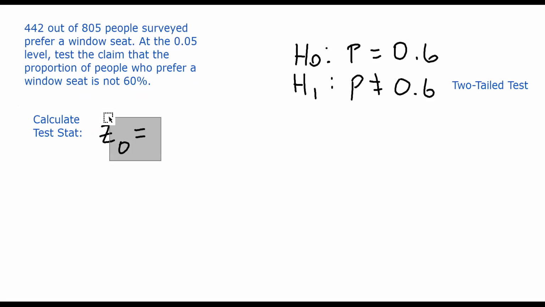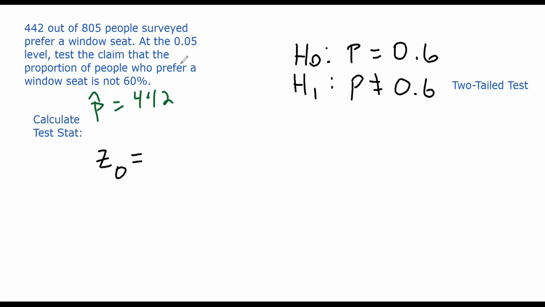P hat is going to be the proportion of the sample that prefers a window seat. So P hat is going to be 442 out of 805. That's how we incorporate that sample information. Popping that into a calculator, you're going to get 0.549.